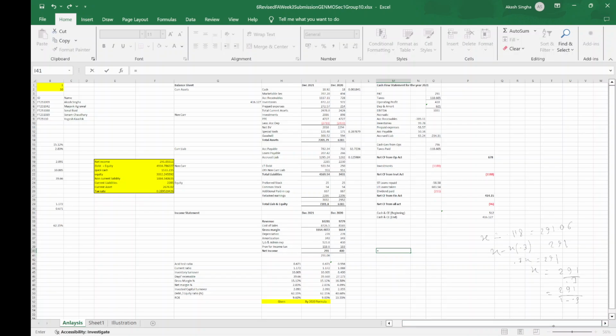So from that we can get the PBT, which is 291.06 divided by 1 minus this value, which is 409. So 409 is the value. Yeah, see, these are the same.